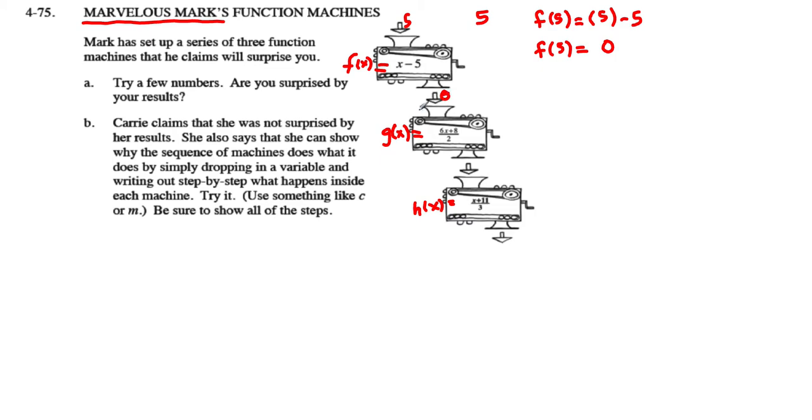We're going to take that 0 now and plug it into the next part. So we have g of 0 equals 6 times 0 plus 8 over 2. 6 times 0 is 0, plus 8 is 8. 8 divided by 2 equals 4.